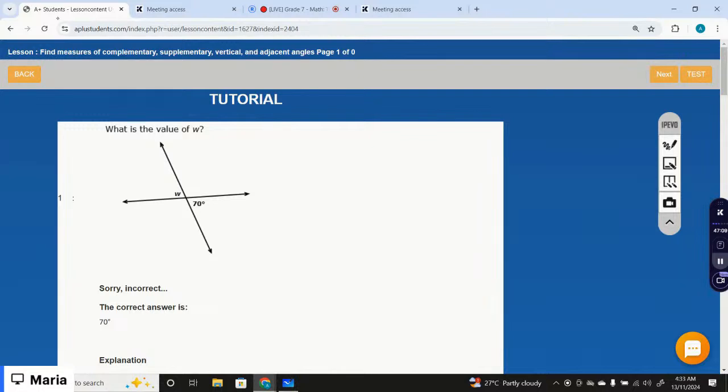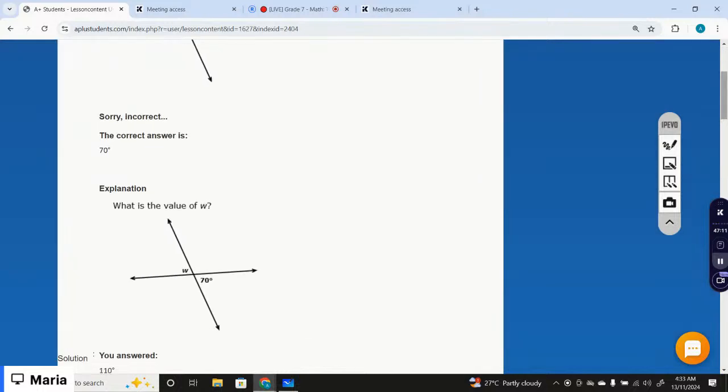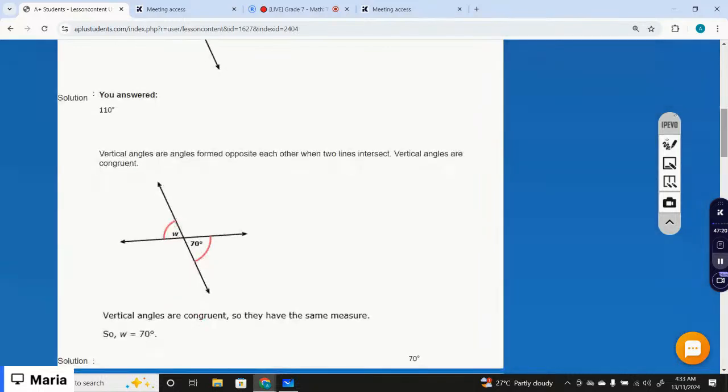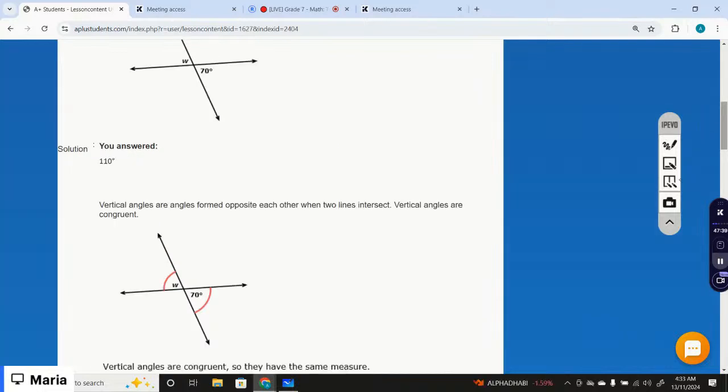Angle W and angle 70 are the vertical angles, right? Vertical angles are formed opposite each other when two lines intersect. Vertical angles are congruent, that means they have exactly the same measure. So that is 70 degrees, right? Okay, let's just start with the test questions.